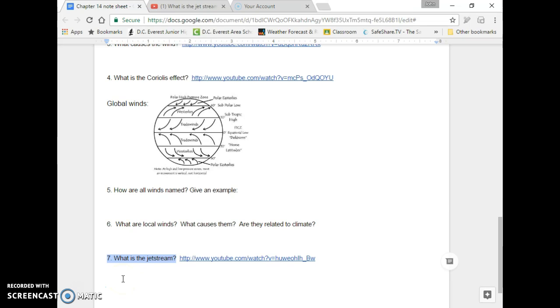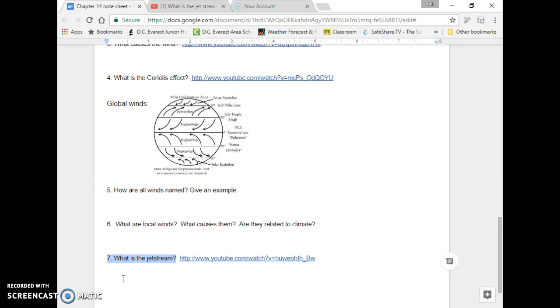Okay, so the jet stream, in short here, is a fast-flowing, narrow air current found in our atmosphere. Okay, it is found at the very top of the first layer of the atmosphere. So just at the top of the troposphere, right before you get to the next layer, called the stratosphere.